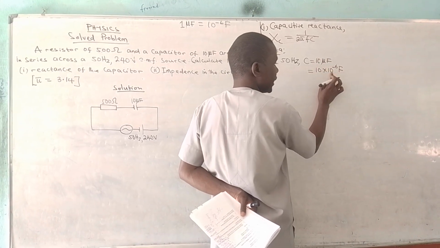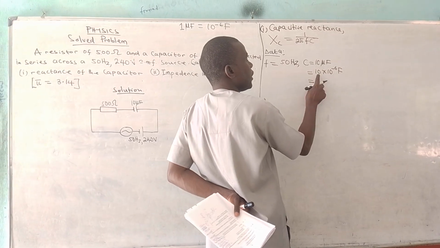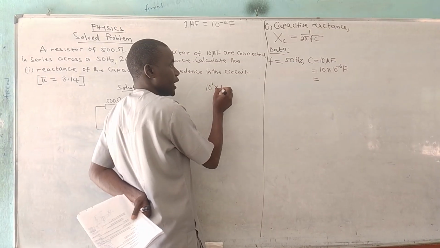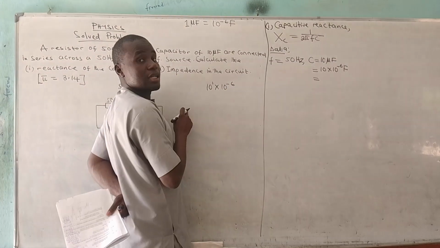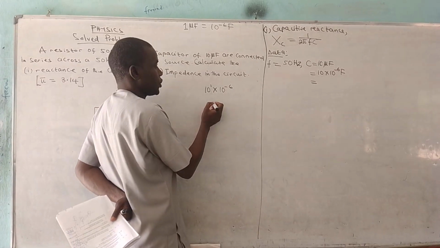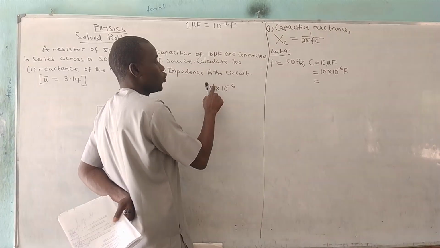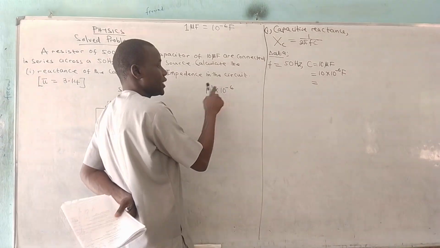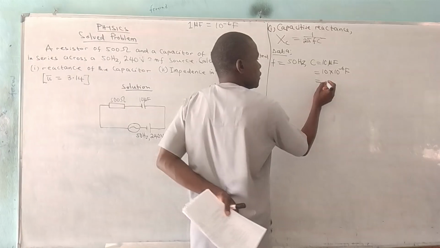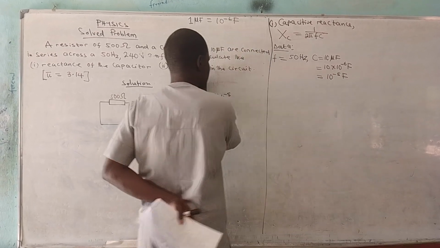So we have 10 to the power 1 times 10 to the power minus 6. With indices, the bases are the same, so we just take the base and add the powers: 1 plus minus 6, that is 1 minus 6, which is minus 5. So this is equal to 10 to the power minus 5 farad.